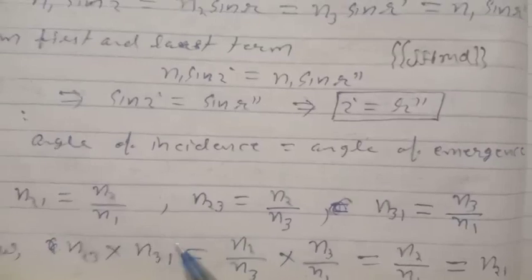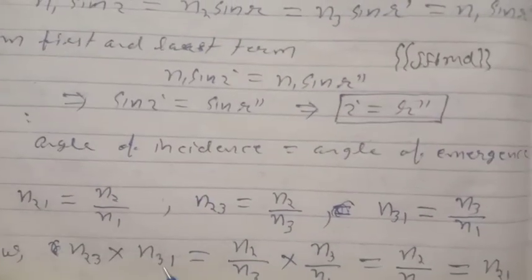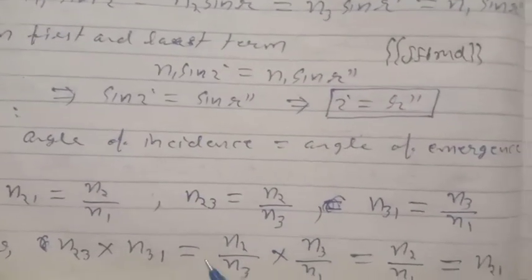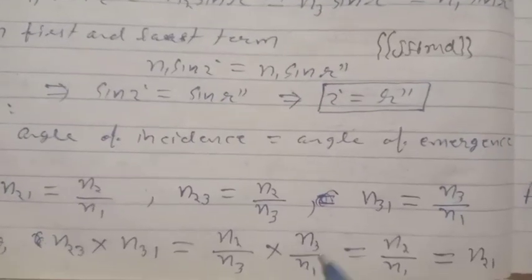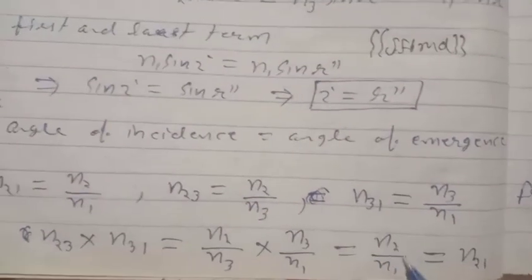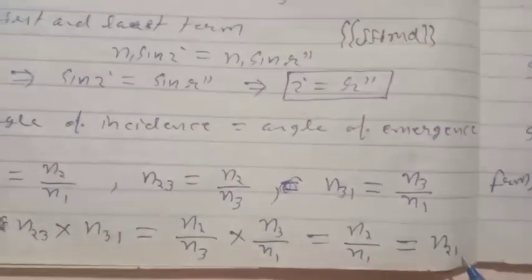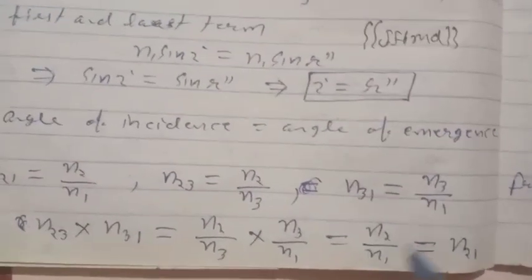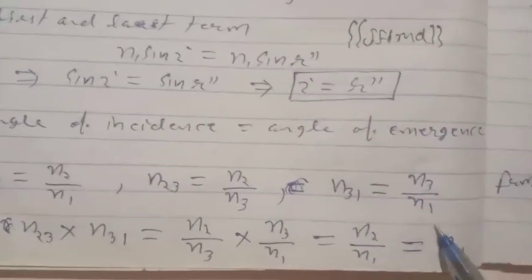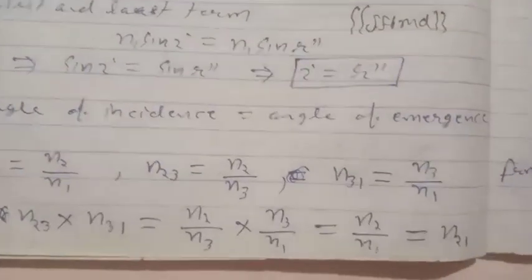So multiplying n23 into n31, we have n2 by n3 into n3 by n1. We get n2 by n1 equals n21. So this is also a relation.